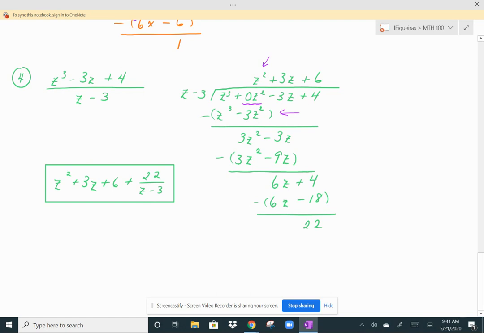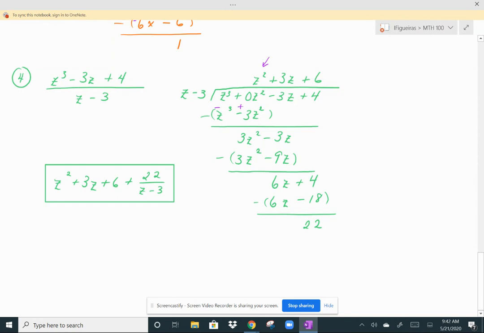So that's exactly why you want that 0z squared term to exist, because otherwise you would have unlike terms lining up. You don't want negative 3z squared underneath this term because you would not be able to combine like terms. Okay, so then you subtract, and again, signs change, turns to negative, that one's positive.